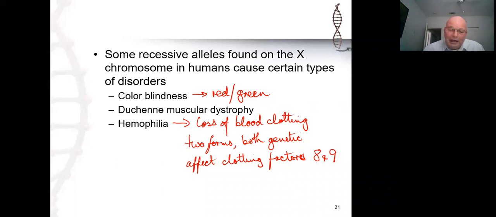Duchenne's muscular dystrophy is the really bad one, because this is a neuromuscular condition. It leads to loss of muscle control. It starts at the extremities, so it starts at the feet and works its way up. By the time these young males are around 8 to 10, they're probably paralyzed from the waist down and sitting in wheelchairs.